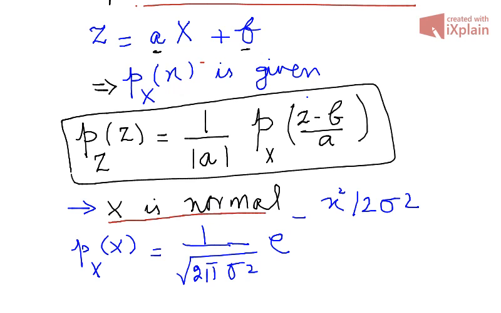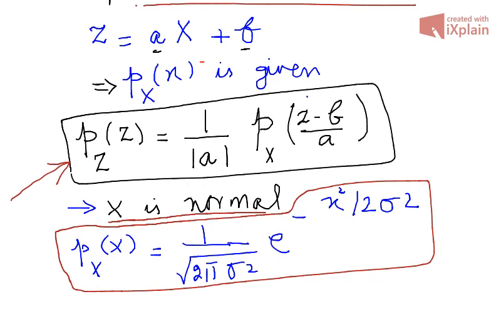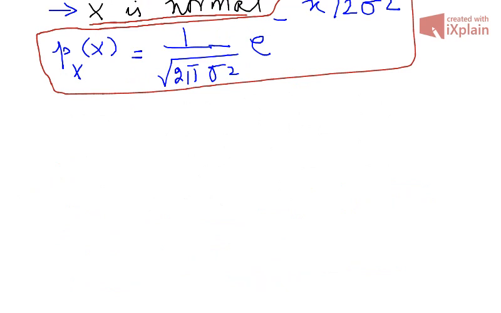So when this PDF is given, and you are required to write the PDF of z, you can write this PDF using your knowledge of transformation of a random variable, and our knowledge says that we can write the PDF of z by 1 over a.